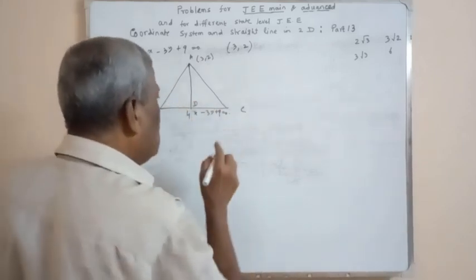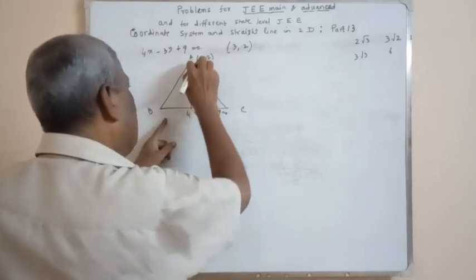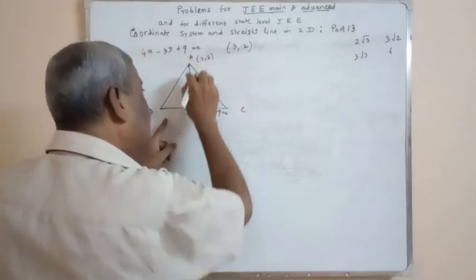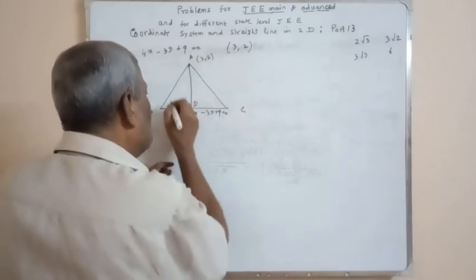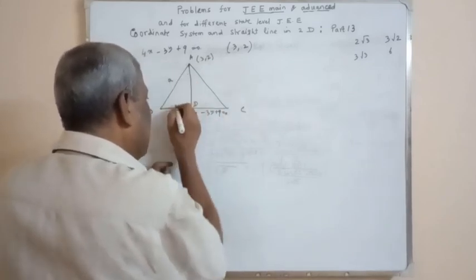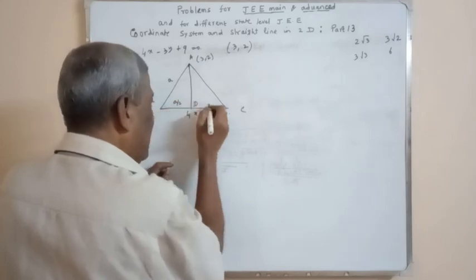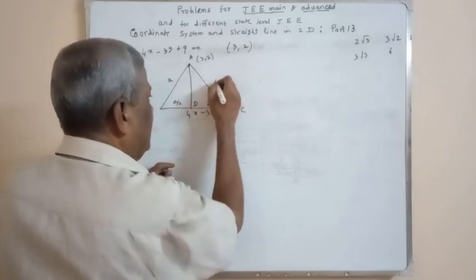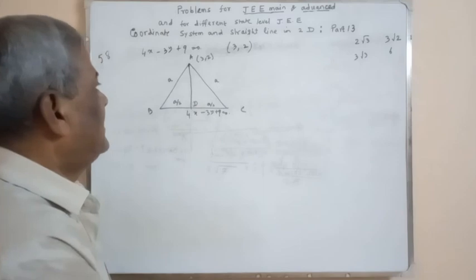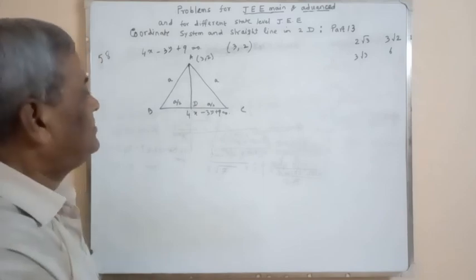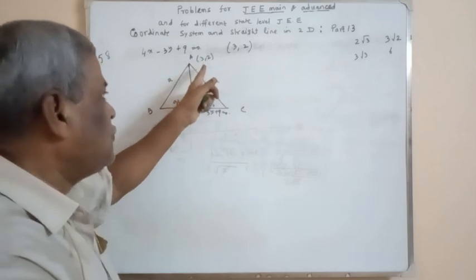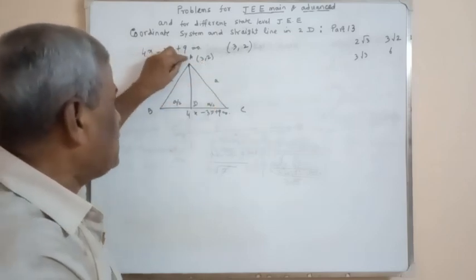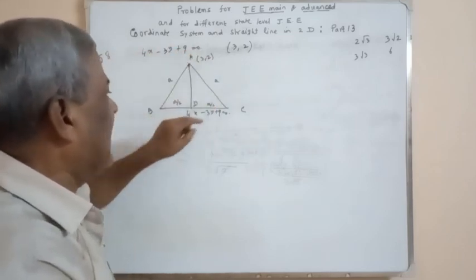As it is an equilateral triangle and perpendicular AD is from A on the opposite side, if each side is a, then BD must be a by 2. Now AD is the height of the triangle, and it is actually the perpendicular distance of the point (3, 2) from that line.